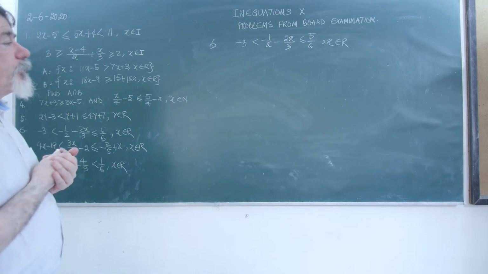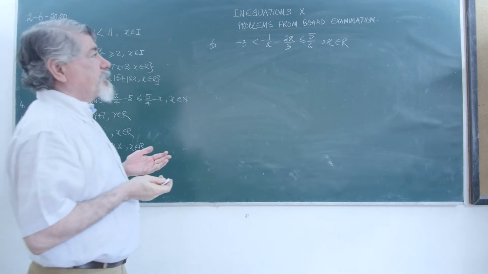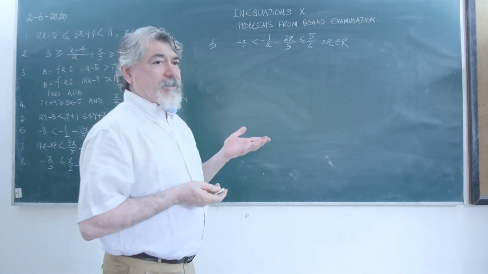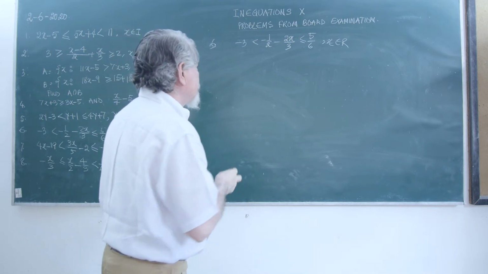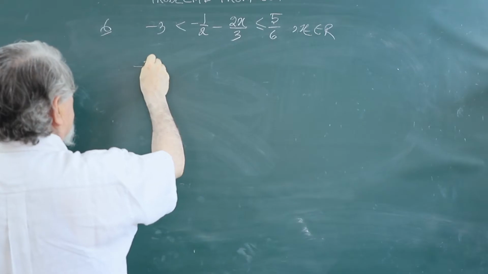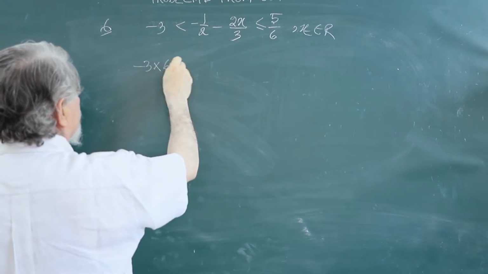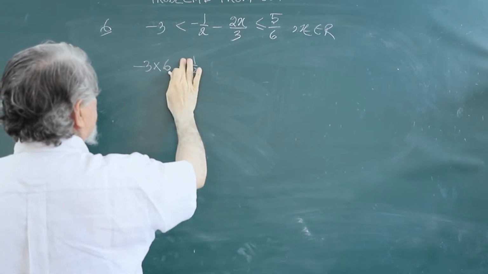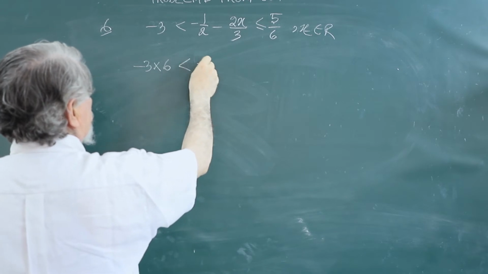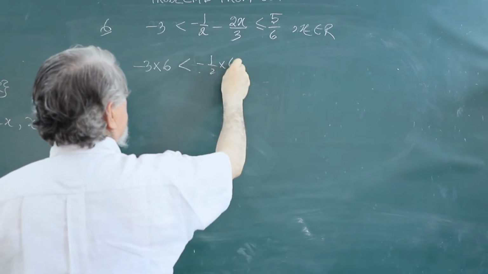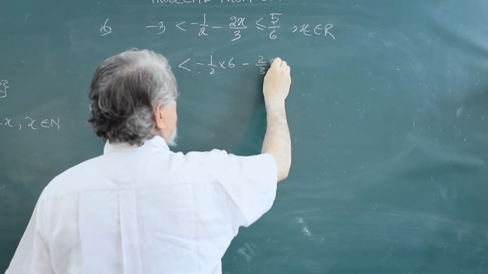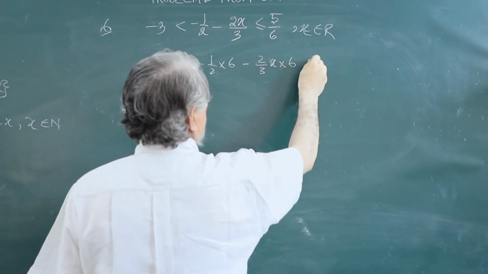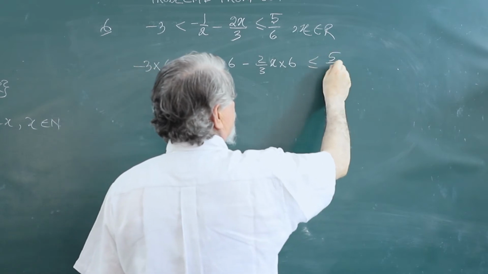Again, we need to remove the denominator. 6 can be the LCM. Let us multiply all the terms by 6, and we are multiplying with plus 6, so there is no question of change of sign. Minus 1 upon 2 into 6, minus 2 upon 3 into x into 6, and less than 5 upon 6 into 6.